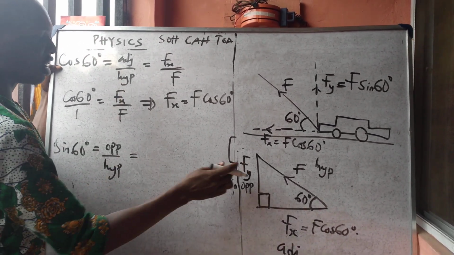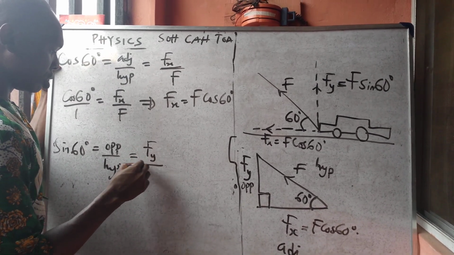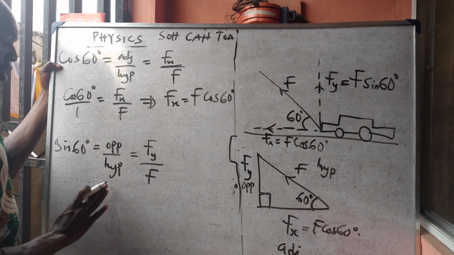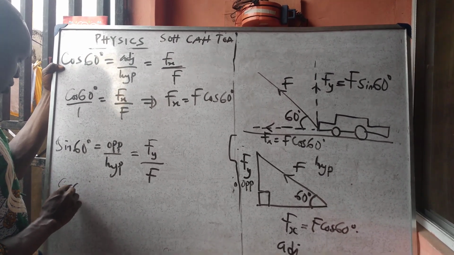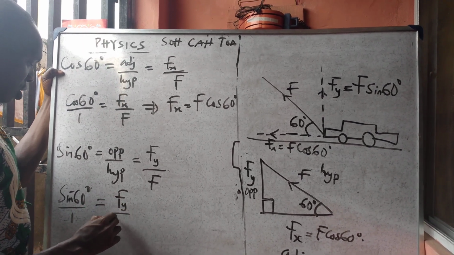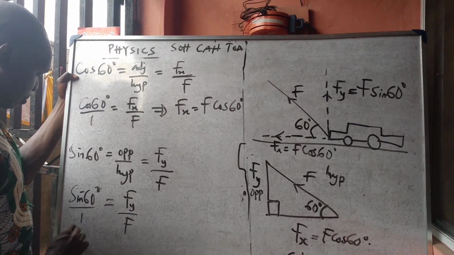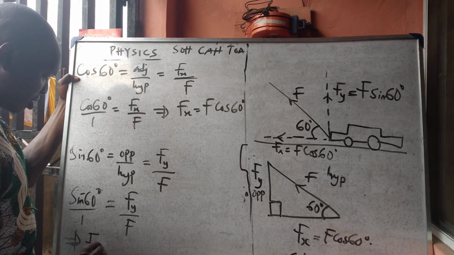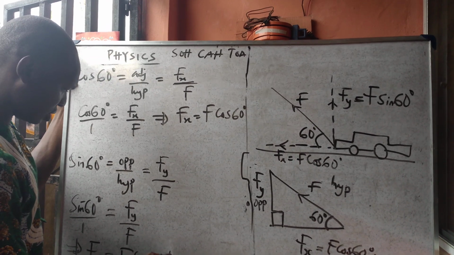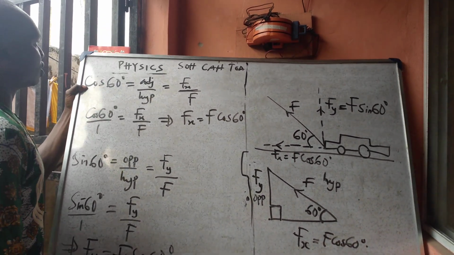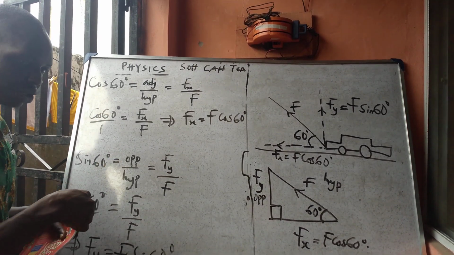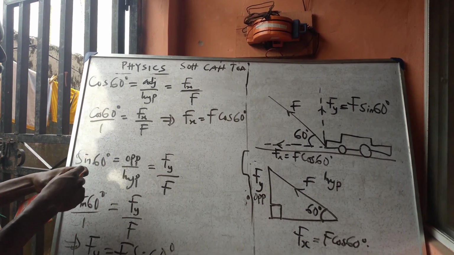The opposite side is Fy, and the hypotenuse is F. So sine 60 over 1 is equal to Fy over F. It implies that Fy equals F sine 60 degrees. That's how we obtained it, via simple trigonometric ratios.